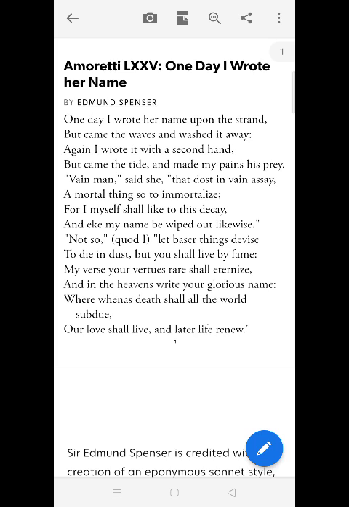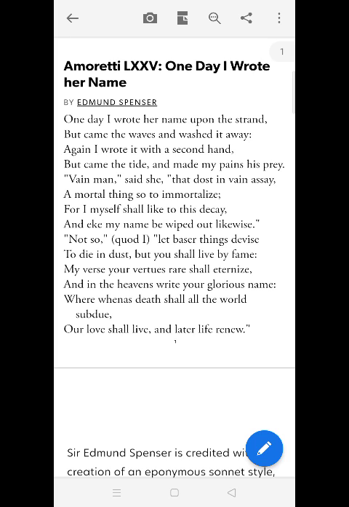It is through his writing, his verse, his poetry. So her name will be glorified, her virtues and their love will live for ages and ages through this sonnet, through his poetic creation.